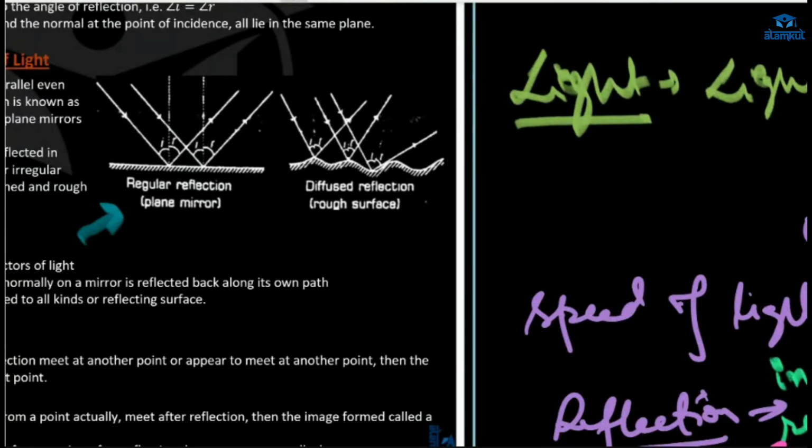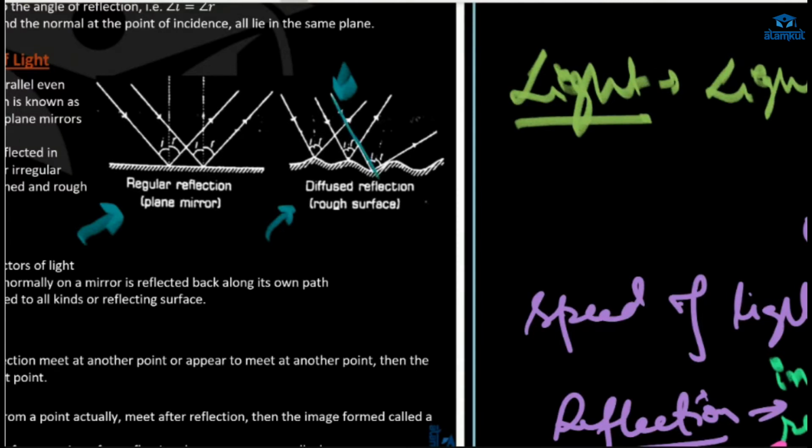We can see from this image also that here the light is experiencing regular reflection, but here it is diffuse reflection because the surface is not smooth, it's rough. So here this is angle I, this is R, and it's not making the same angle. Somewhere it may make the same angle, but most of the time it will not. Look at this light.